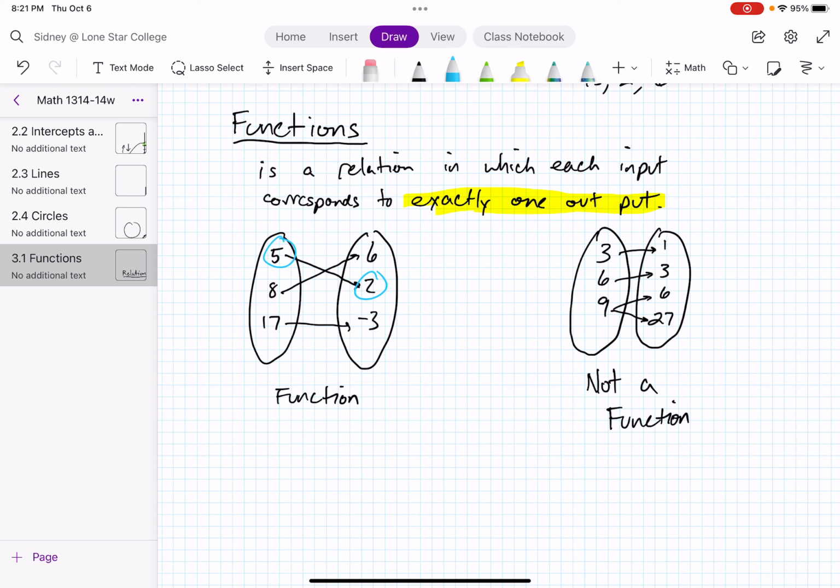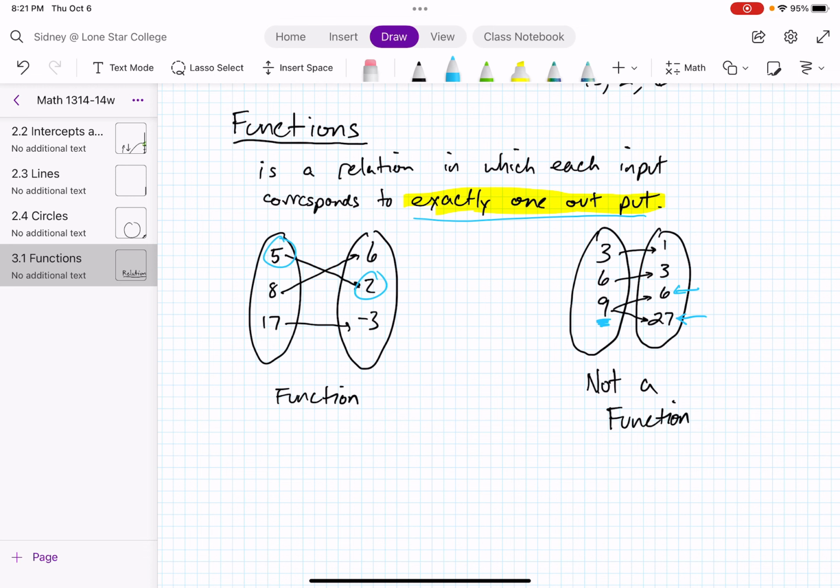A function has exactly one output for each input. And what you'll notice is this input of 9 actually has two outputs. It has an output here at 6, and it has an output here at 27. So this does not meet the definition of a function.